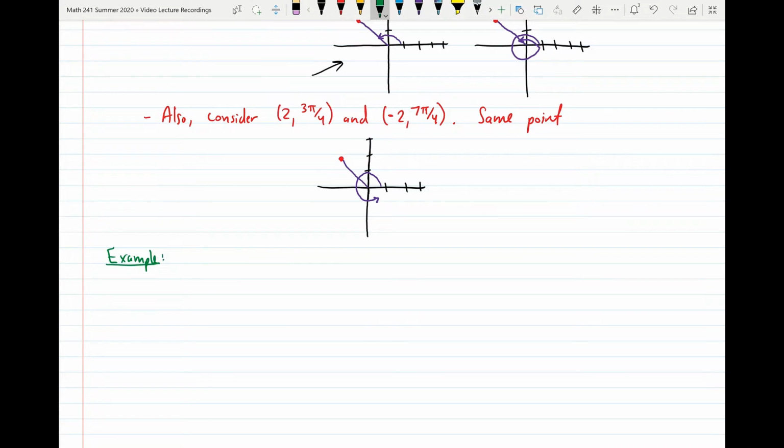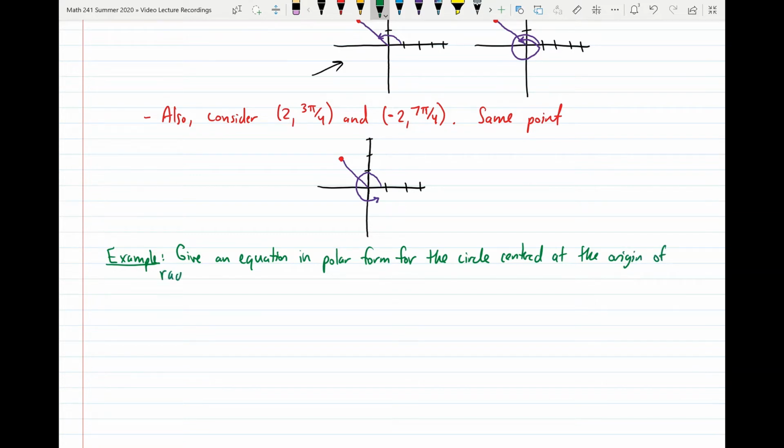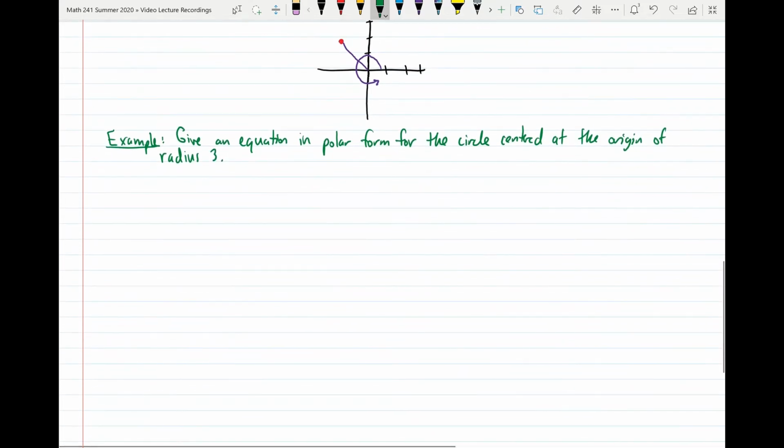The first example will be to give an equation in polar form for the circle centered at the origin of radius 3. And there will actually be 2 different equations that will work here.